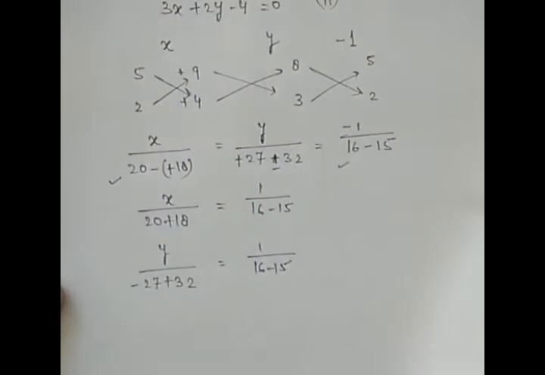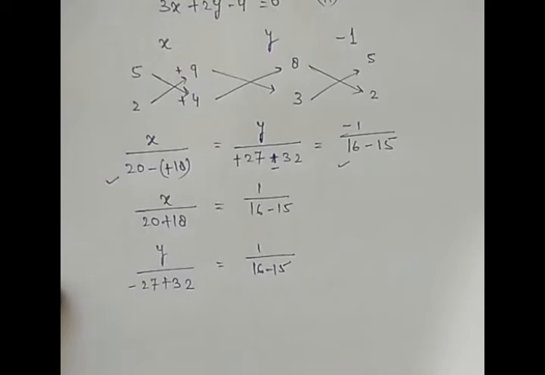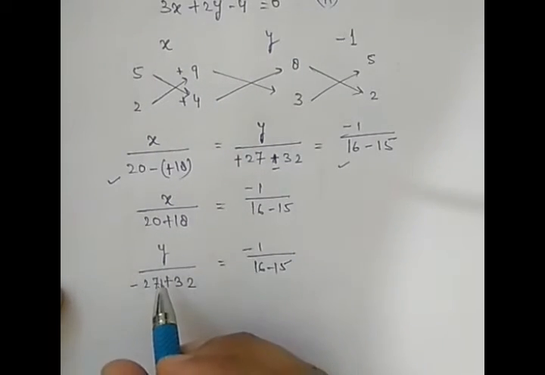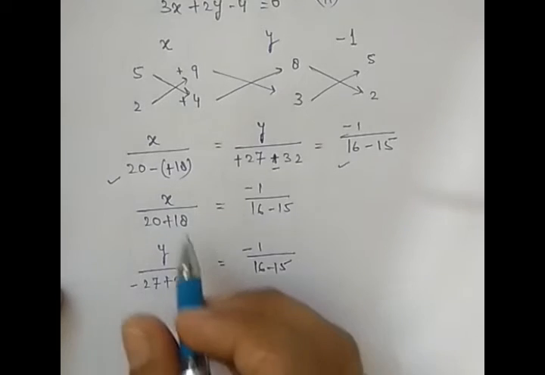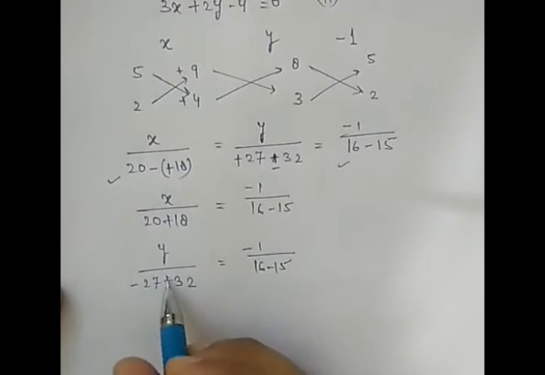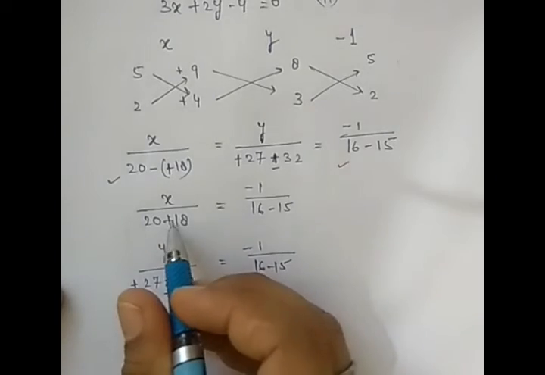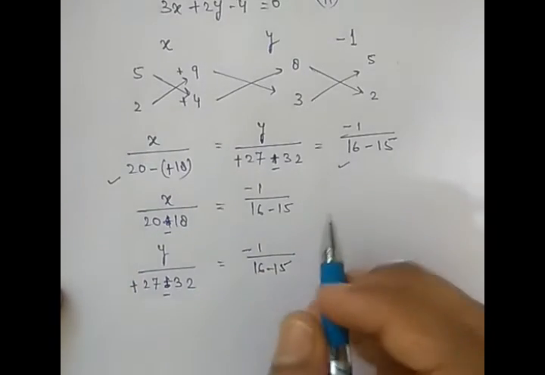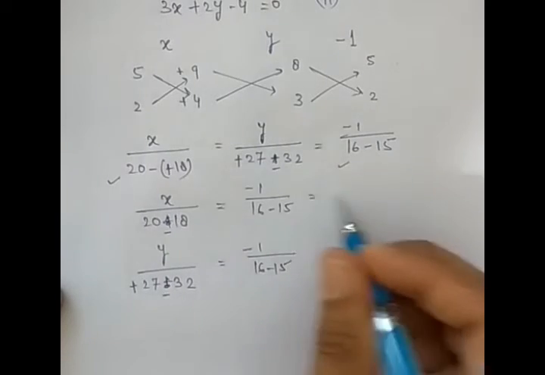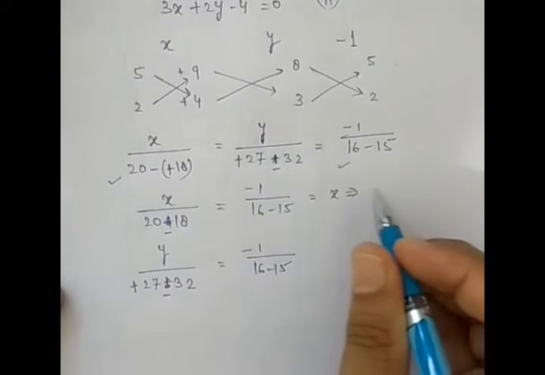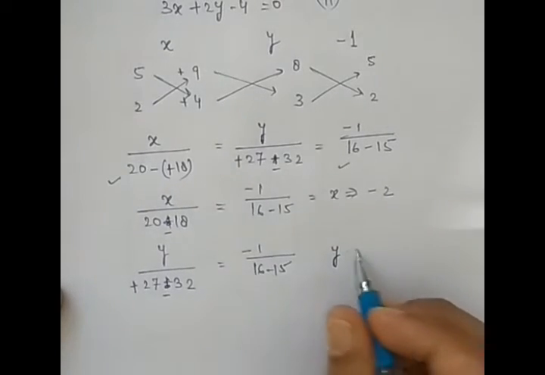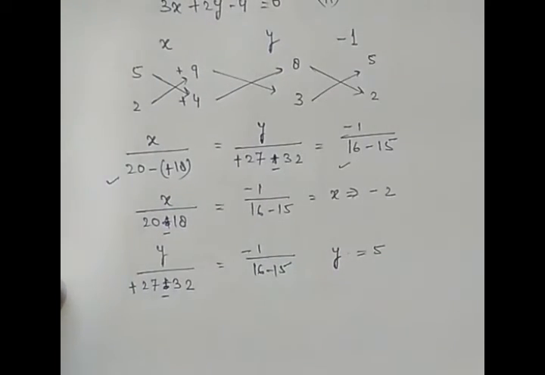We can make the changes everywhere. So we can write like this. When you solve, you will get x is equal to minus 2 and y is equal to 5.